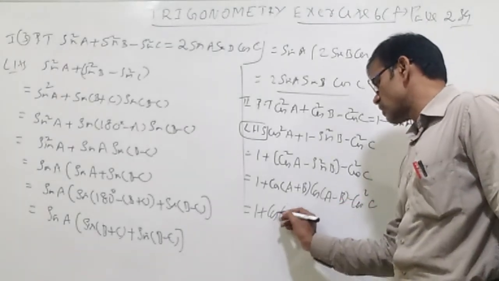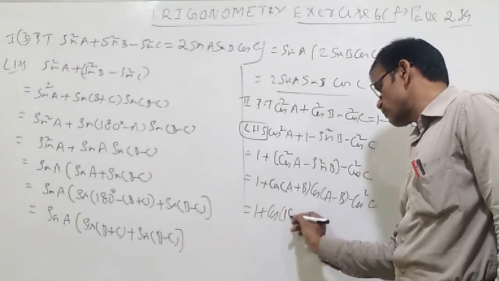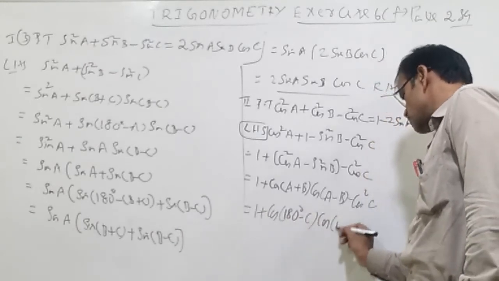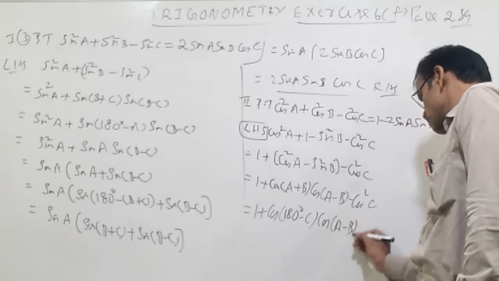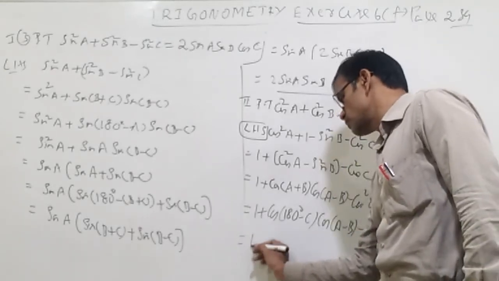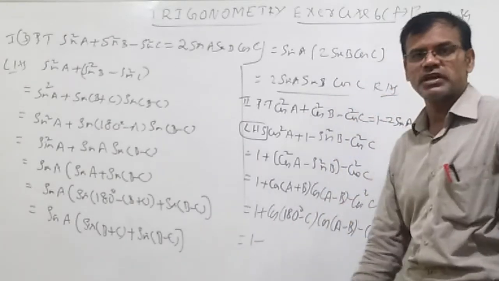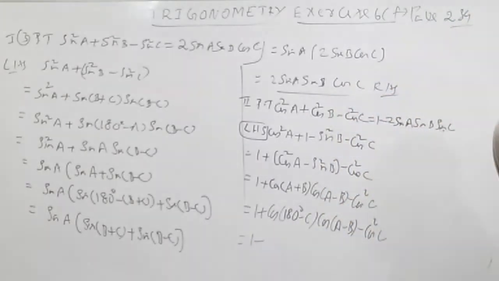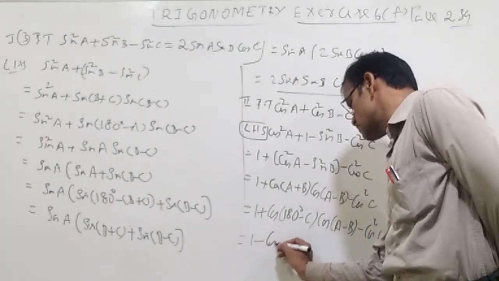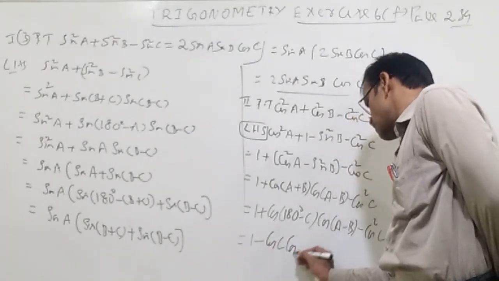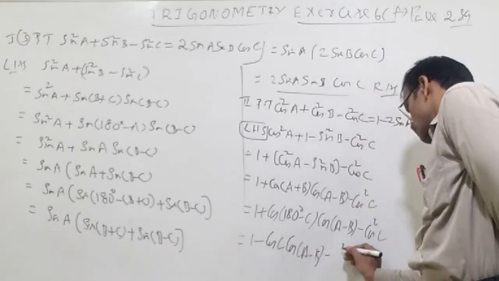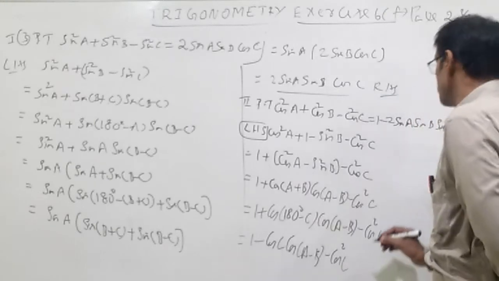So this is 1 plus cos of 180 minus C into cos of A minus B minus cos square C. That is equal to 1 plus, here cos 180 minus theta can be understood as minus cos theta. So apply here, this is minus cos C. 1 minus cos C into cos of A minus B minus cos square C.